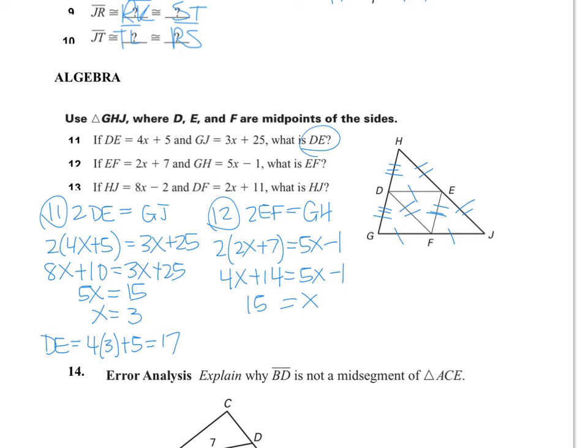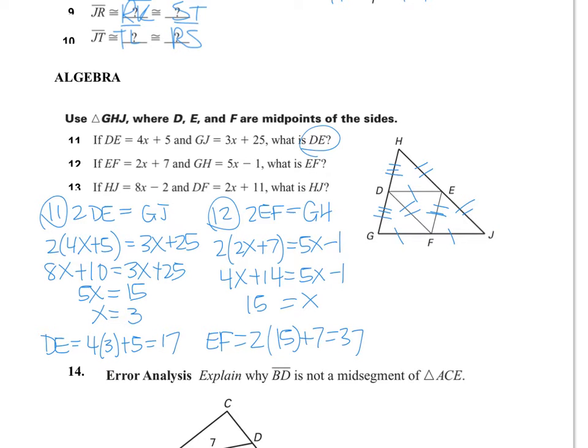Solve. And it's asking for EF. EF is 2 times 15 plus 7, which is 37.